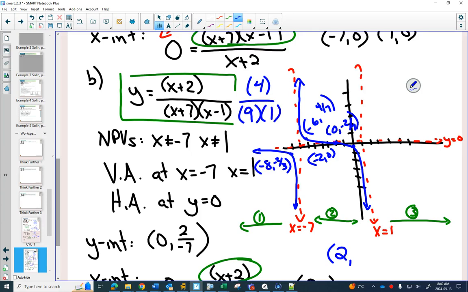And I get 4/9. Go to my graph. And because that is in the upper section, I can draw it towards the asymptotes. And I have my final graph.